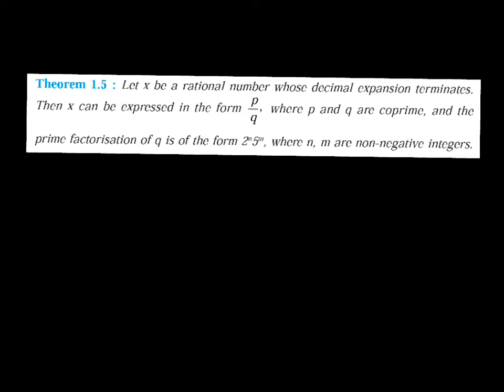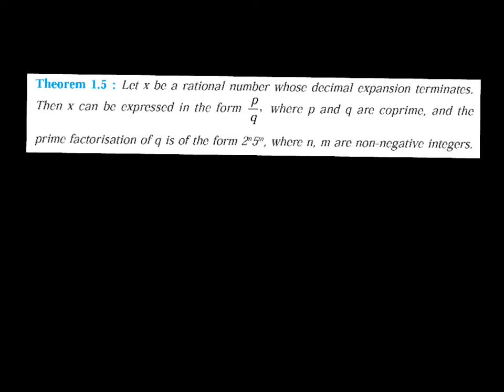Let x be a rational number whose decimal expansion terminates. Then x can be expressed in the form p over q, where p and q are co-primes, and the prime factorization of q is of the form 2 to the power n, 5 to the power m, where n and m are non-negative integers.